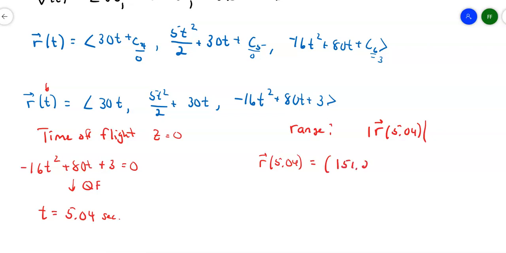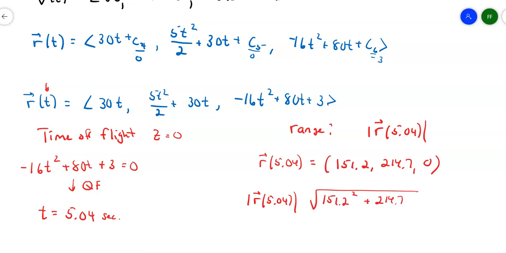I got 151.2. I got 214.7. And not surprisingly, I got 0 for the third component because we got the 5.04 by setting z equal to 0. And then the last thing is just to find the magnitude of r, evaluated at 5.04. So take the square root of 151.2 squared and 214.7 squared, and you end up with about 263 feet.